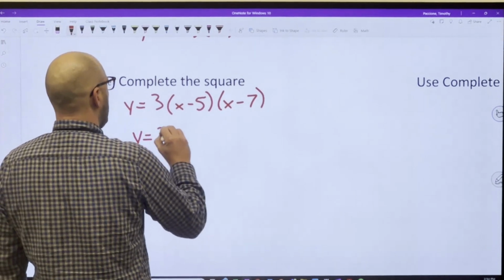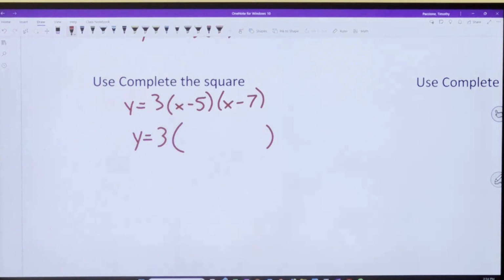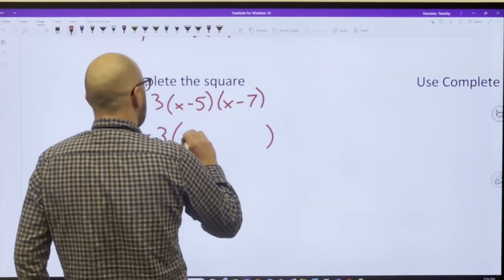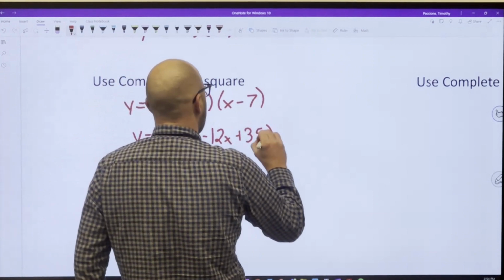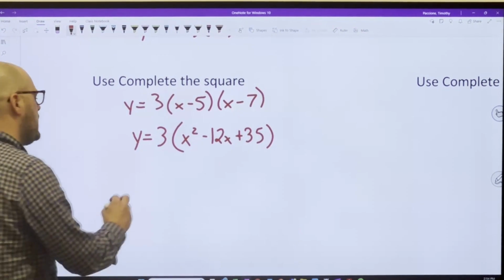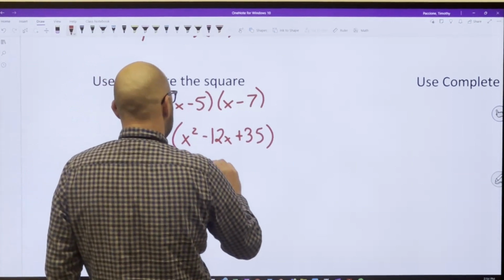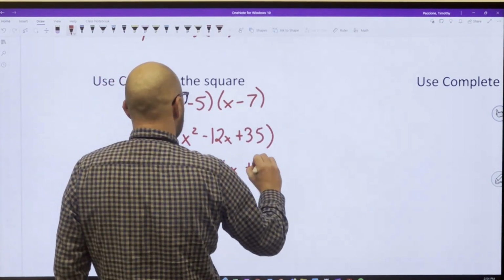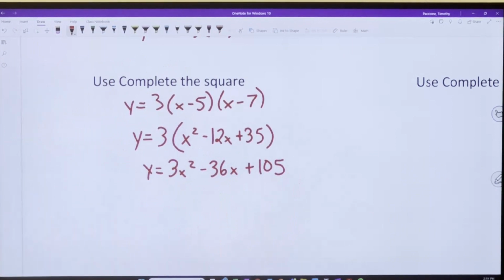So it'll be 3 times whatever that ends up being when I foil or box it, right? If I do that, it becomes x squared minus 12x plus 35. That's if I foiled or boxed (x minus 5)(x minus 7). Now I distribute, and I get y equals 3x squared minus 36x plus 105. Okay, that got me to standard.